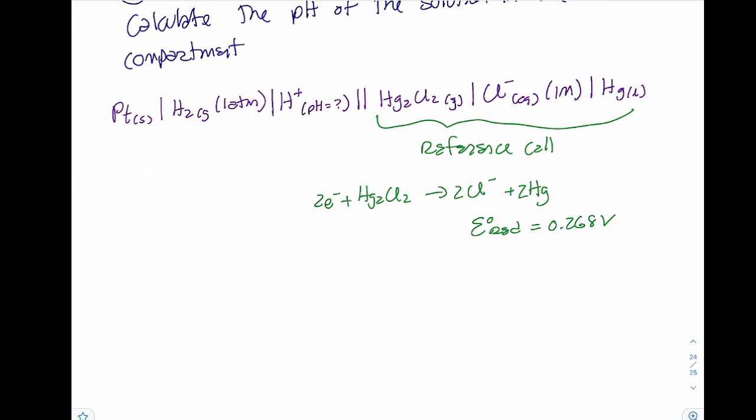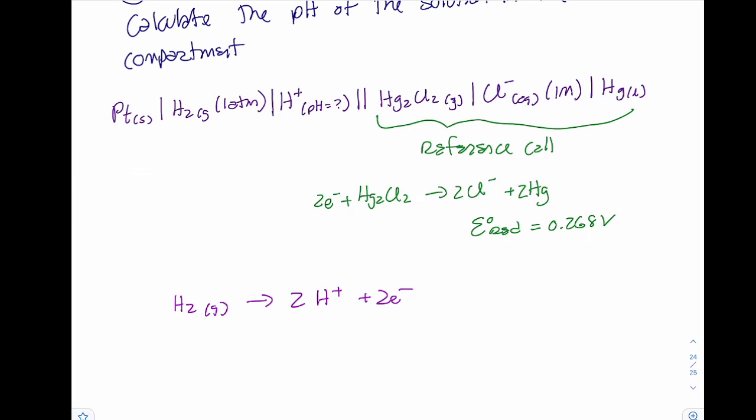If we were to write our entire cell reaction, our net reaction, I'm going to have hydrogen gas, right? Reactant, this is my product. So I'm going to have hydrogen gas going to 2 hydrogen ions plus 2 electrons. That's my oxidation, that's my anode.